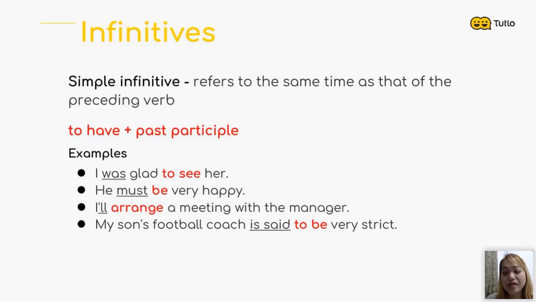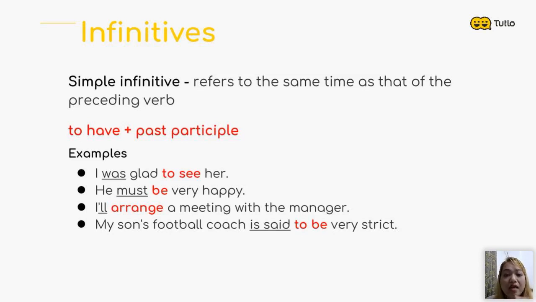Let's start talking about the simple infinitive. As you can see here, the simple infinitive refers to the same time as that of the preceding verb. When we say simple infinitive, as you can see over here, we have to have plus past participle. Sorry, apologies.